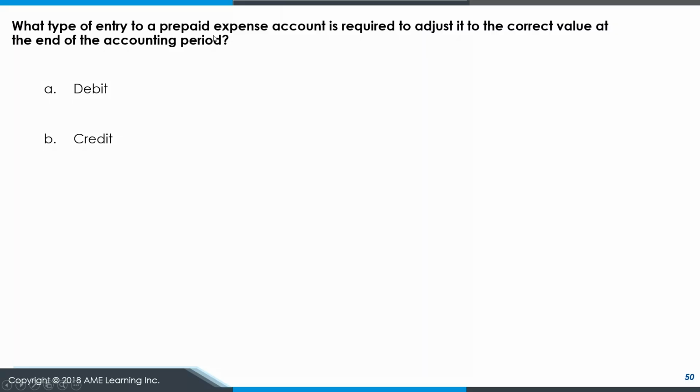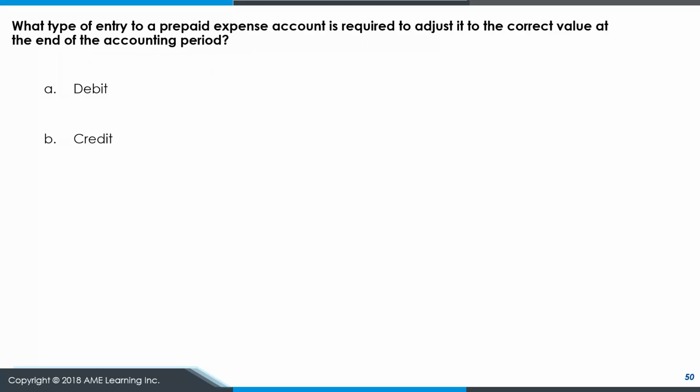Okay, what type of entry to a prepaid expense account is required to adjust it to the correct value at the end of the accounting period? What we're doing to adjust prepaid expenses would be to reduce them. Prepaid expense is an asset. Remember in our DEAD circle, it's the A under the D for the debit side, so it increases with a debit.